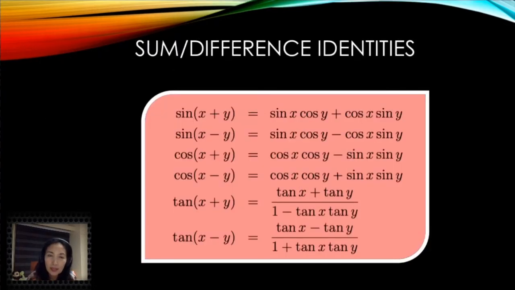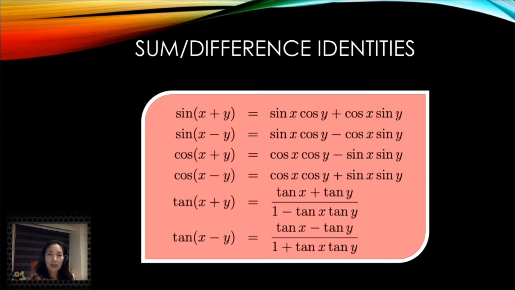We now proceed to the next set of identities. We have your sum and difference identities. Sine of x plus y is equal to sine x cosine y plus cosine x sine y. For sine of x minus y, sine x cosine y minus cosine x sine y.